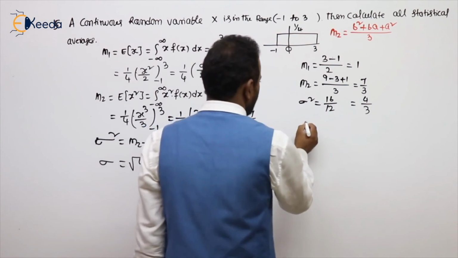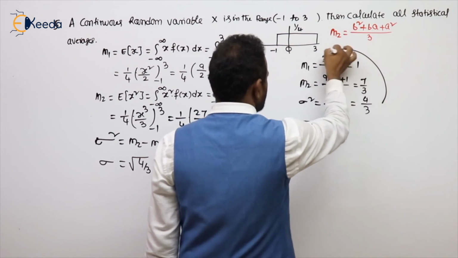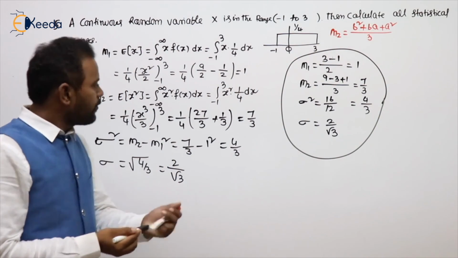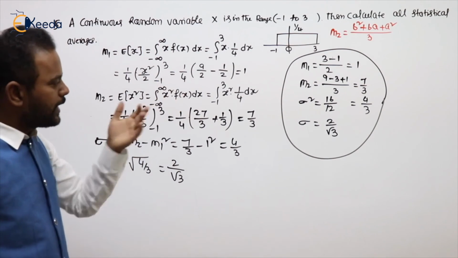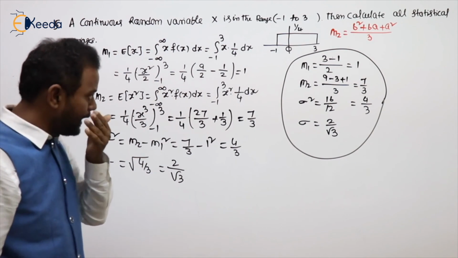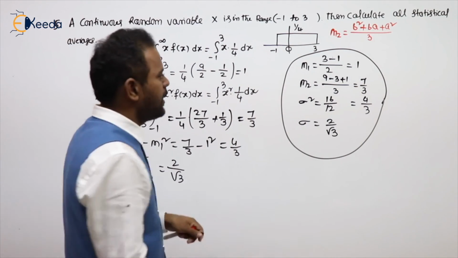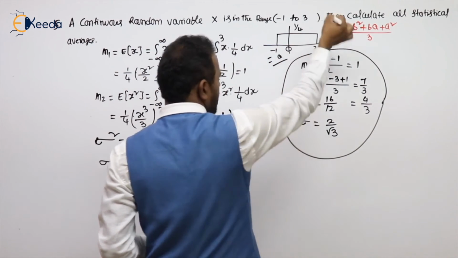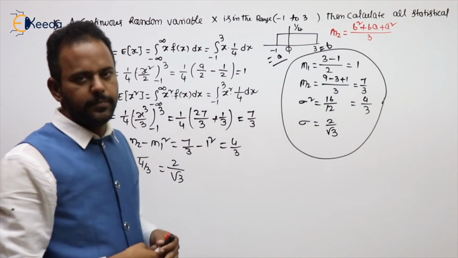Of course, standard deviation is directly the root of that, 2 by root 3. So if you remember the summary, you can do it like that. Otherwise, you can follow the same integration. This way you can get the answers in an easier and faster manner, once you recognize this is b and this is a, and we did the problem previously for the general case. Clear?